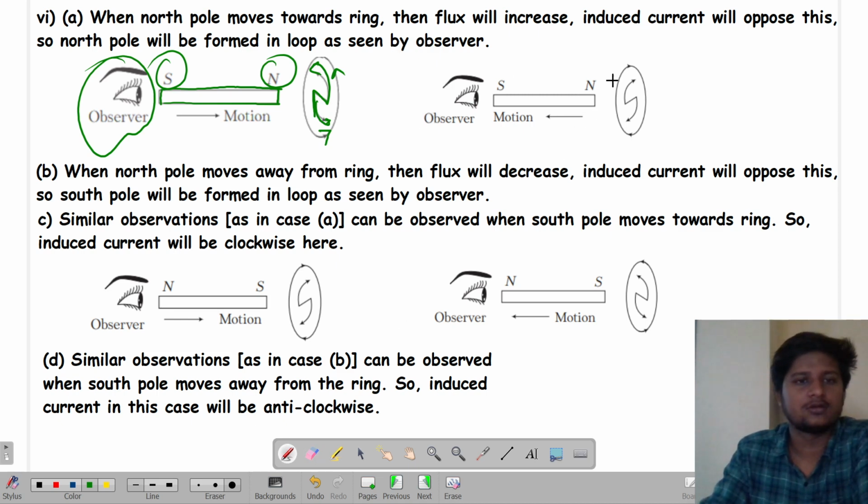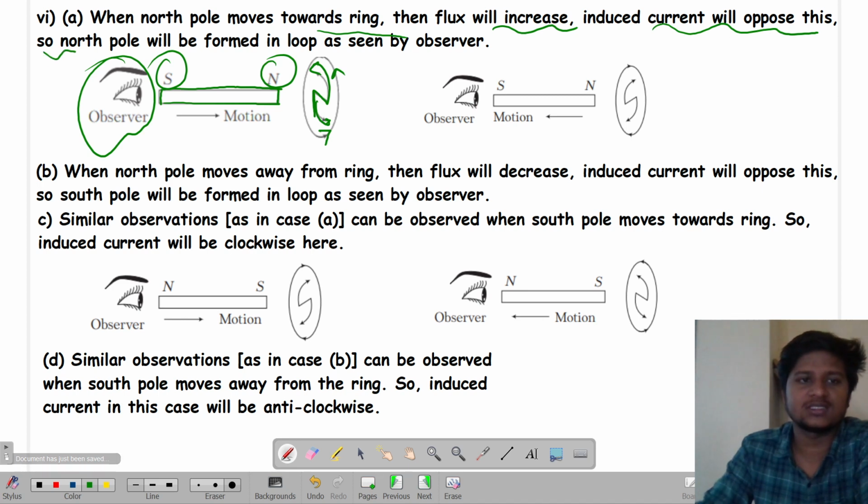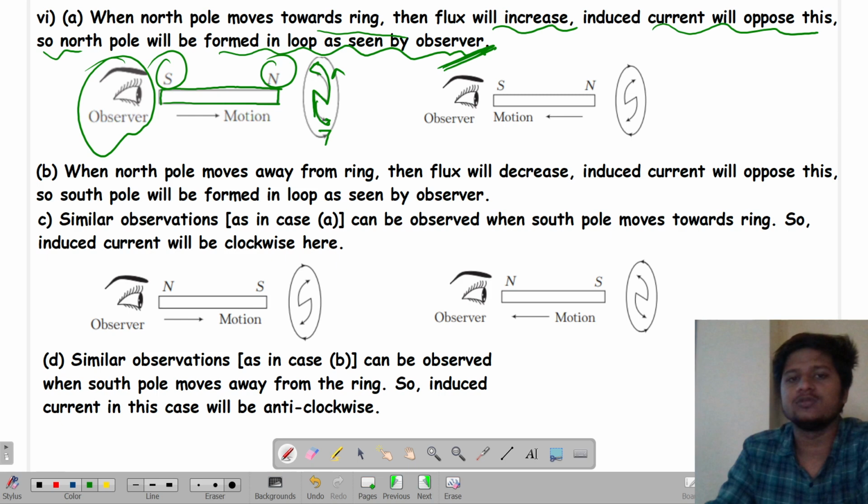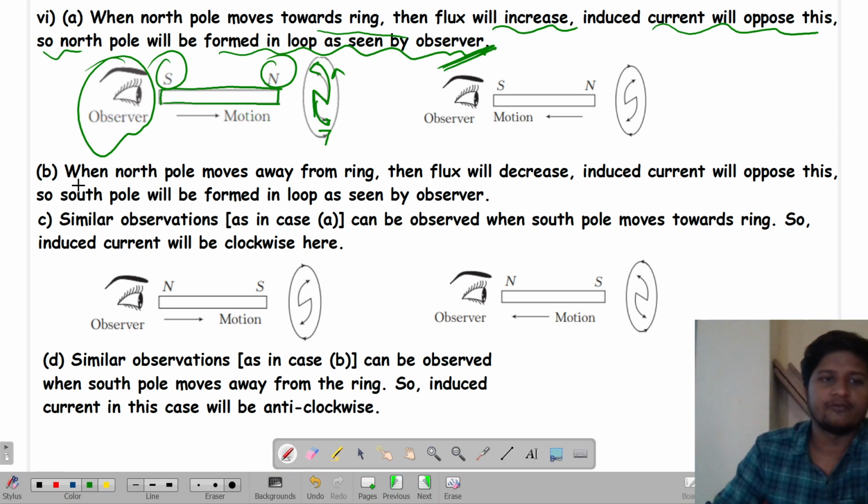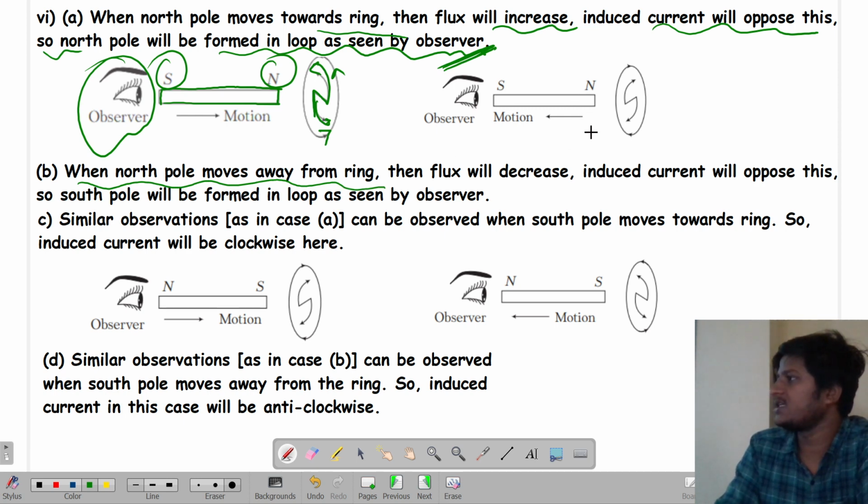So when the north pole moves towards the ring, that is what is written. Then the flux will increase, the induced current will oppose this. So a north pole will be formed on the loop as seen by the observer. Right or not? Second case, when the north pole moves away from the ring, what will happen? Flux will start decreasing or not?